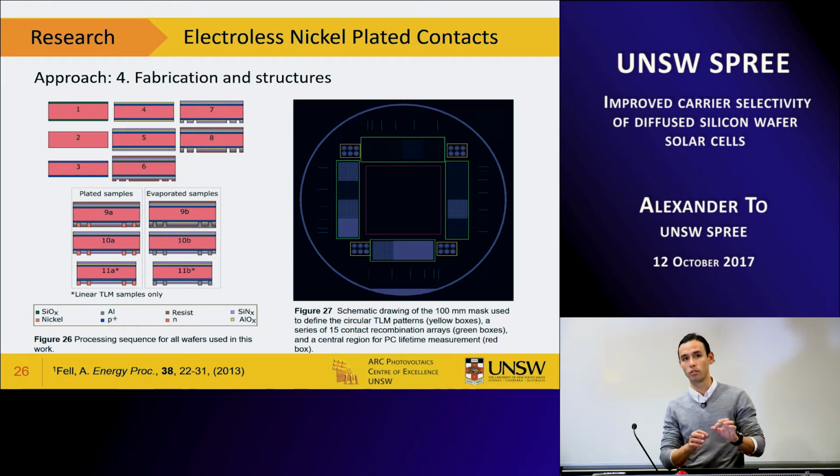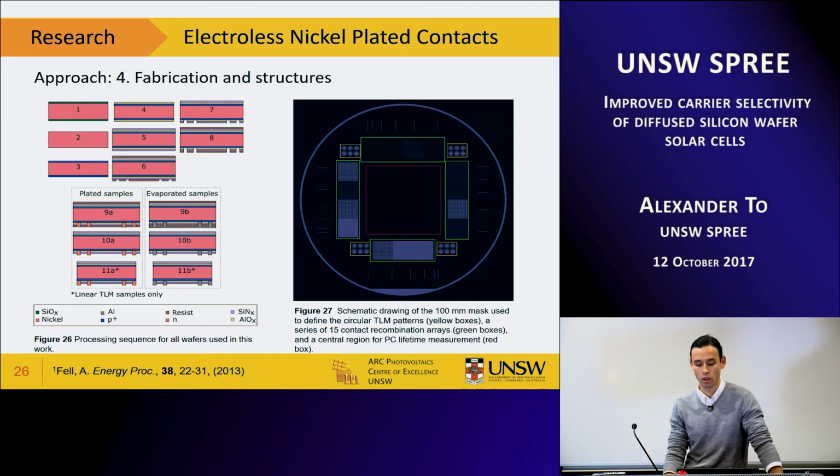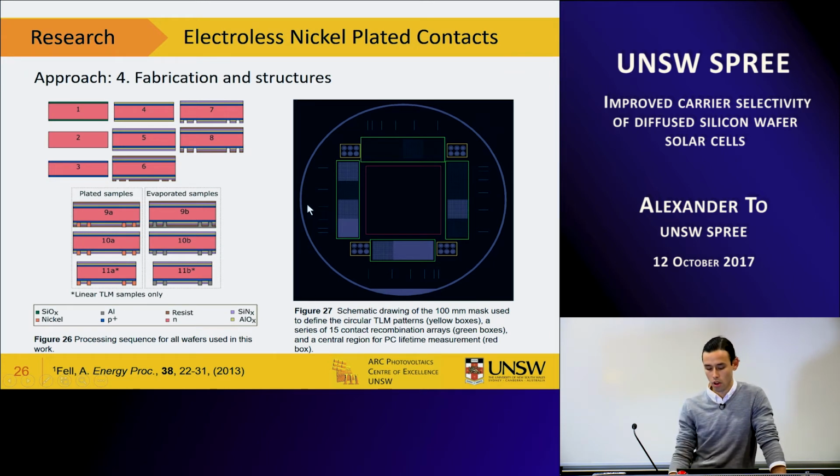And those dots had different geometries so that you could have different contact fractions. So in total, there were 15 different contact fractions from, I think, 0.05% to 30%, to see if there's an effect or a signal there with different contact fractions versus your contact recombination.